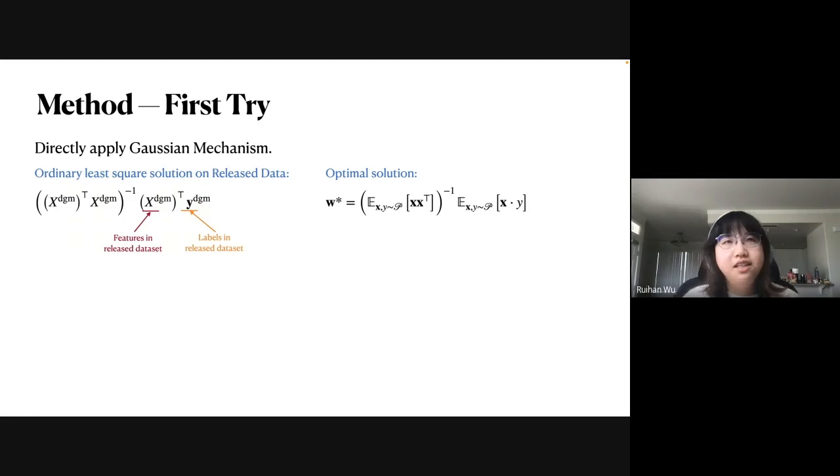Then we are going to check how the ordinary least squares solution behaves on this released data. We denote X DGM as the selected features in the released dataset and Y DGM as the labels in the released dataset, and right here, this is the optimal solution. We will compare these two solutions then.